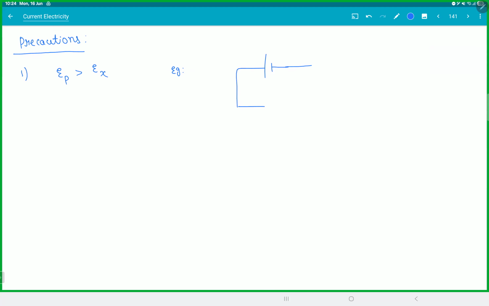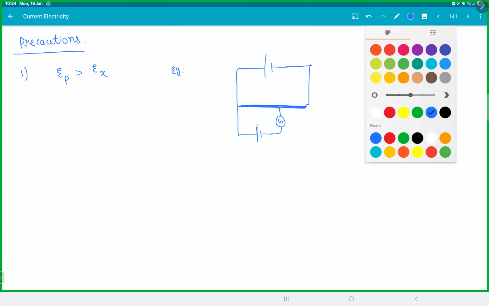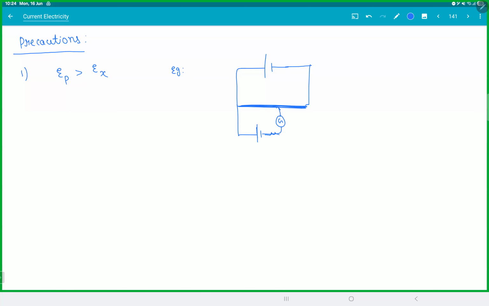I'll not take any internal resistance. Let's say you have taken a battery which is 20 volt and let's say you're trying to balance 30 volt. For simplicity, I'll assume this is 0.